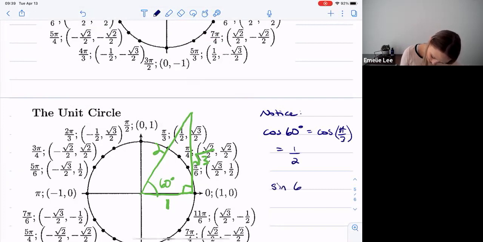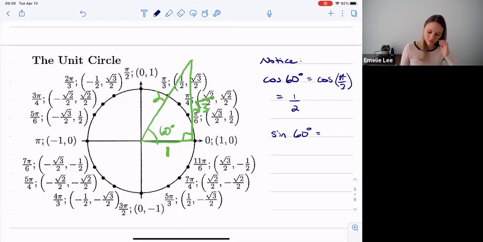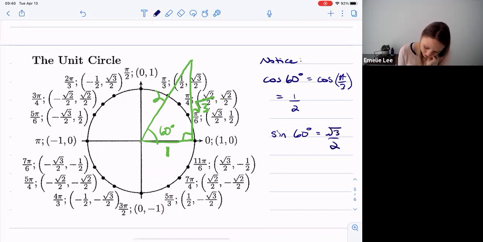And the sine of 60 degrees is the sine of pi over 3, which I'm not going to jot down now, but looking at this, sine is opposite over hypotenuse, root 3 over 2, right? And so root 3 over 2.